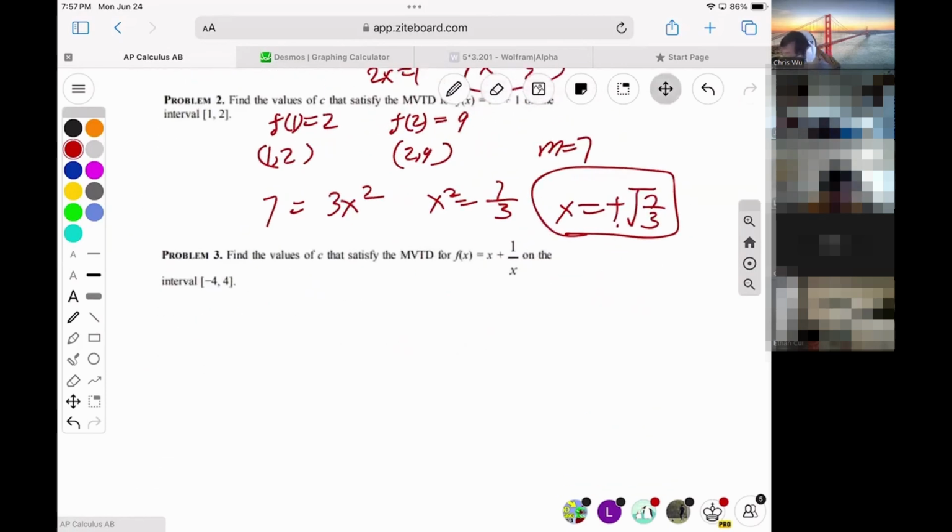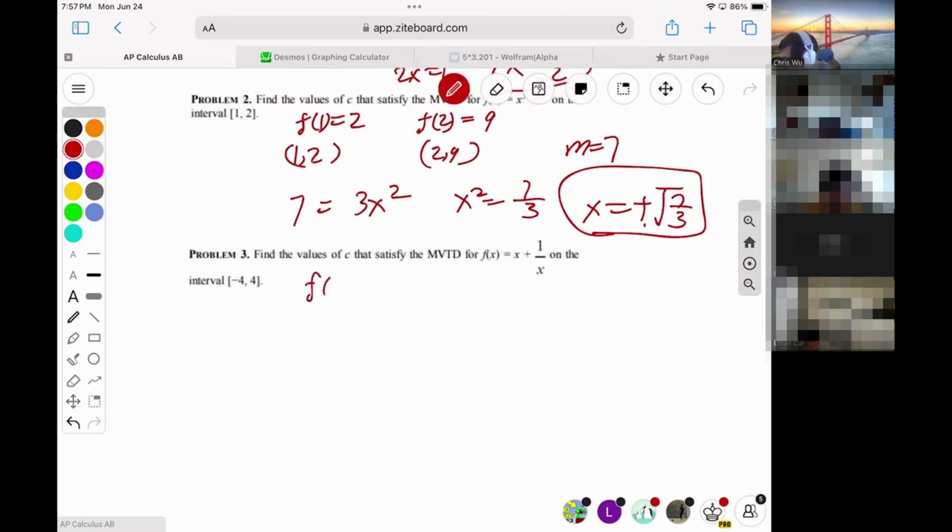Okay. Find the value C that satisfies the mean value theorem for this particular function for the interval. So same idea. F of -4 is going to give me -4 minus 1 over 4, so minus 17 over 4. And then f of 4, this is kind of symmetrical, right? So it's 17 over 4.